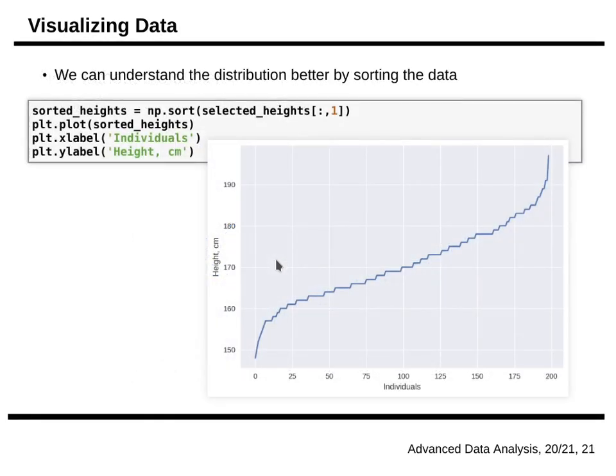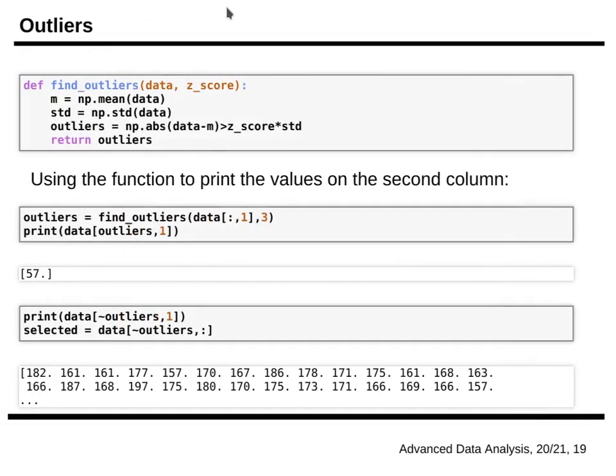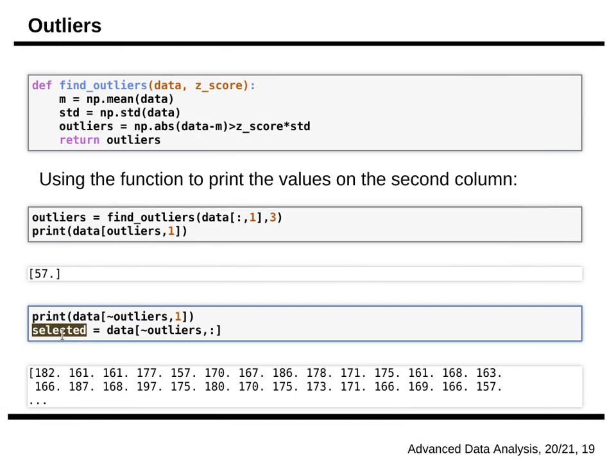One way of visualizing a bit better the distribution is by sorting the values that we have. So let's suppose that we kept the selected values in this selected heights variable. You can do it like this, and the selected heights is from the original data matrix only the rows that are not outliers.